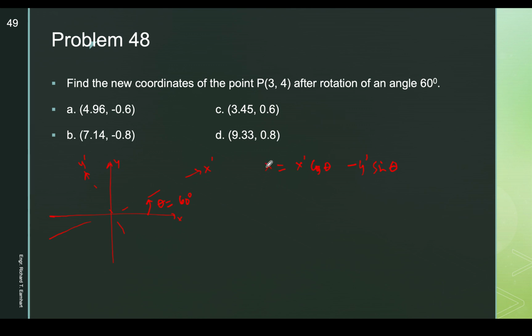Okay, so these are the original coordinates. So this will be 3 equals x prime cosine of 60 degrees minus y prime sine of 60 degrees.